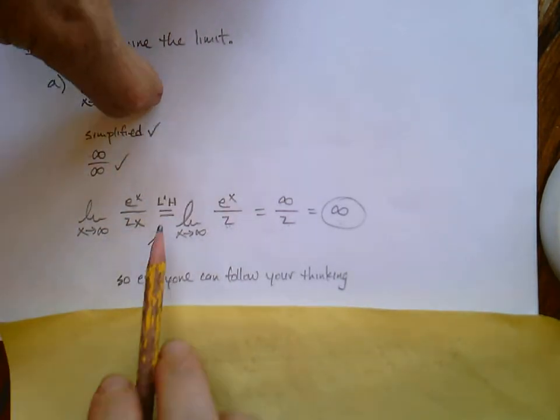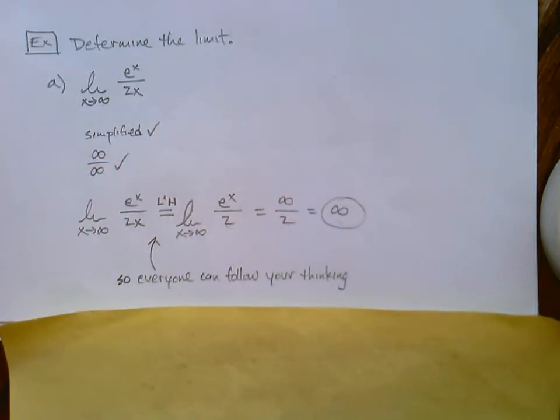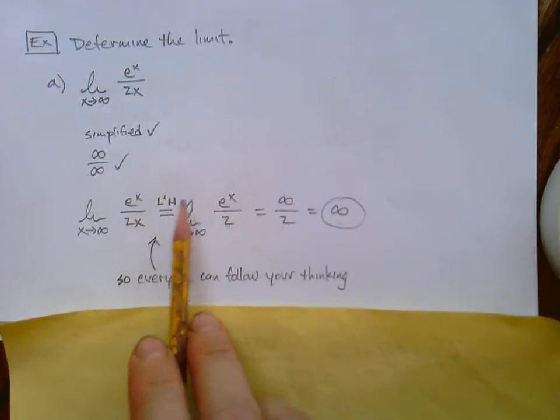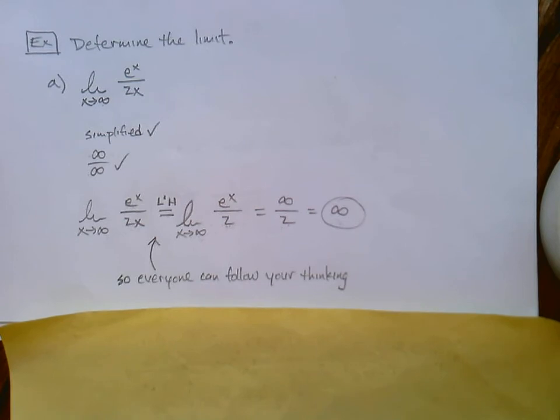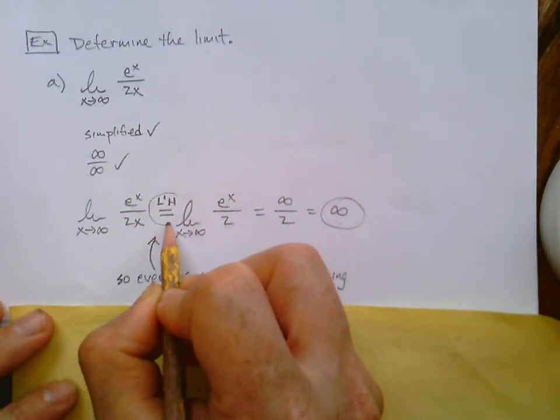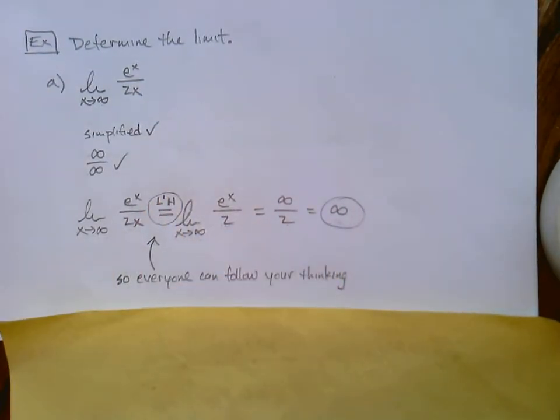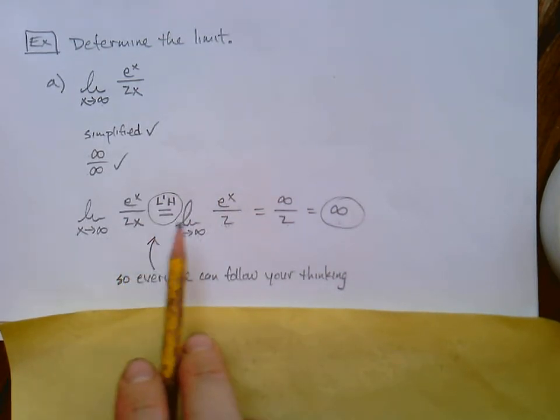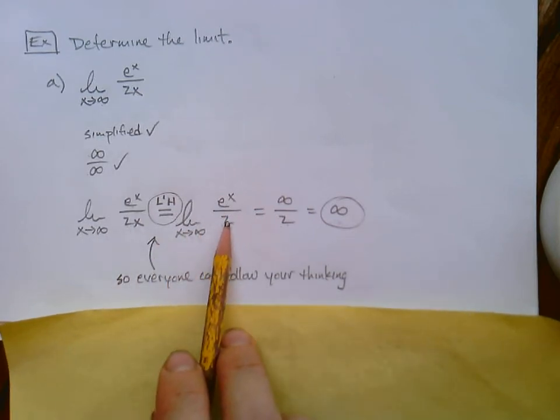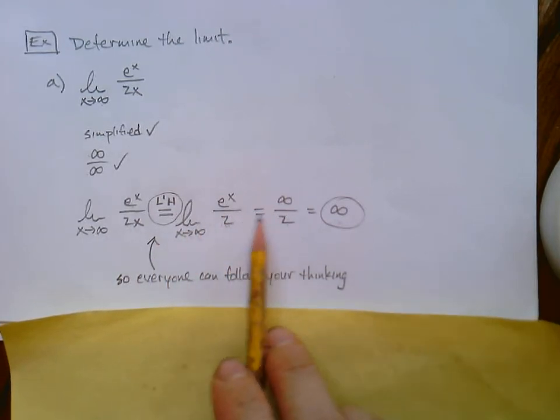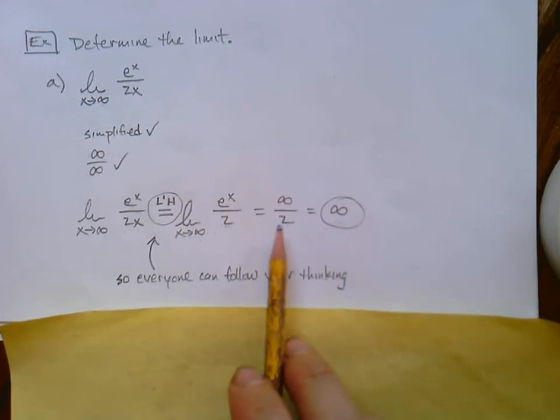But if you write L apostrophe H, then they know exactly what you did. Oh, they took a derivative, and they took a derivative. I get it. So this part is key, so that everybody can follow your thinking, and that's just part of learning the rule. Now, one thing to note: we only write it at the moment we perform those derivatives. We don't write it here when we plug in, and we don't write it just at that one spot.